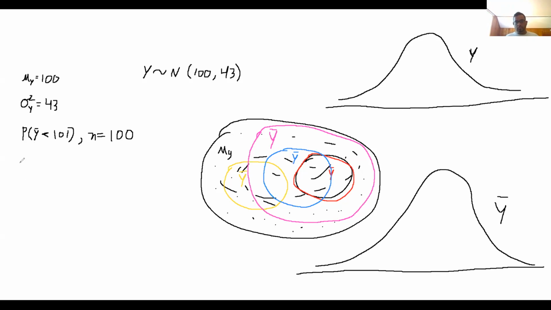Okay, so what do we need to standardize it? In order to standardize it, we will say that this over here is equal to the probability of Y bar minus mu of Y divided by the standard deviation of Y bar.